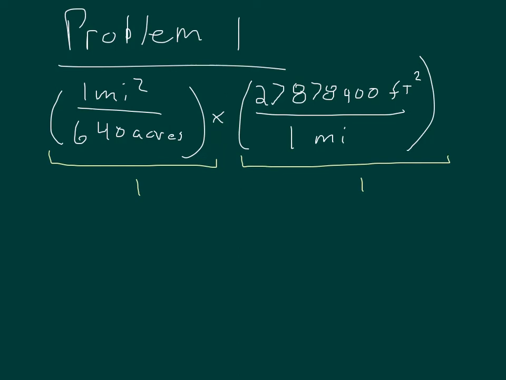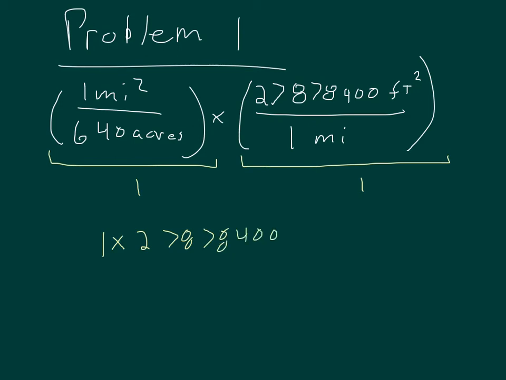When you set something up like this, you're going to take all the things across the top and multiply them together. So you're going to take 1 from the miles and multiply it times 27,878,400.